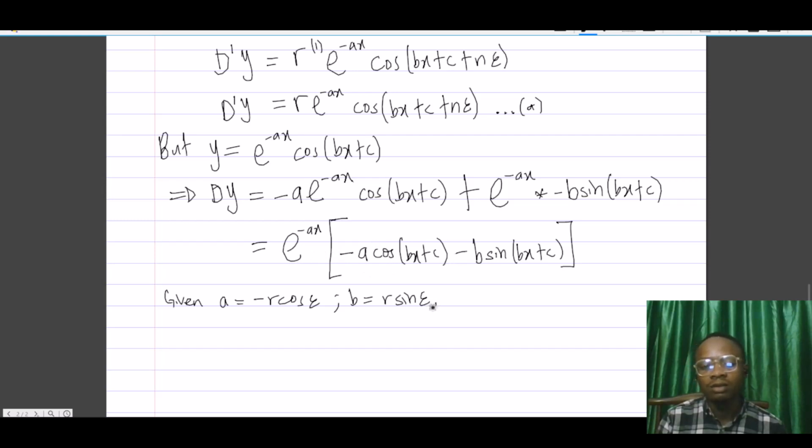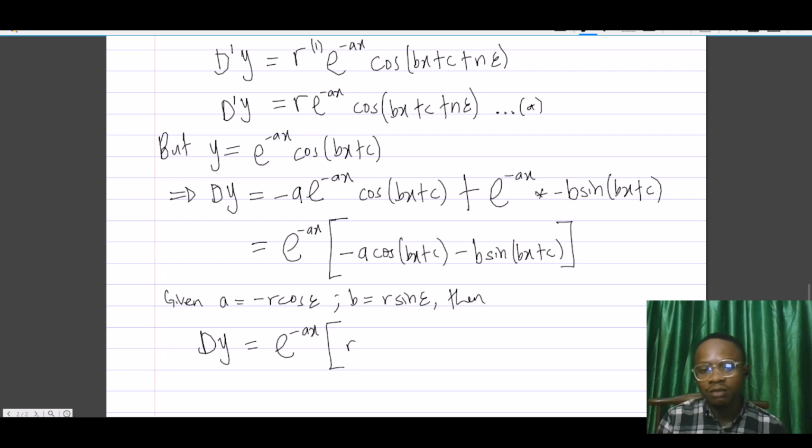Going further with this, dy will be equal to e to the power of minus ax into minus a right here. Since a is equal to minus r cos epsilon, then minus a will be minus of this. That is just r cos epsilon.